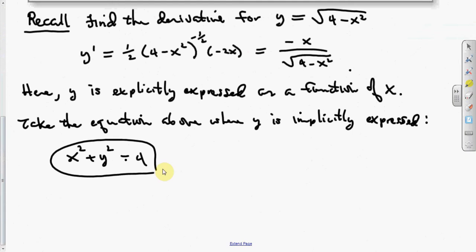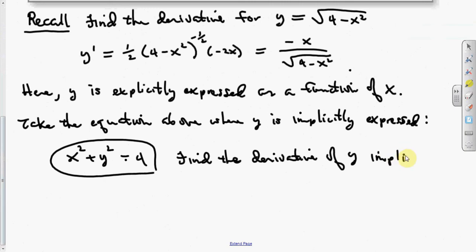So here we say take the derivative of y implicitly. So here find the derivative of y implicitly. In other words, don't isolate y. Just leave y within the equation.